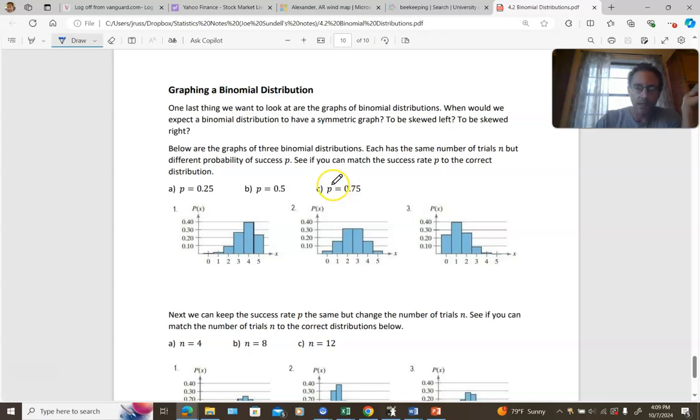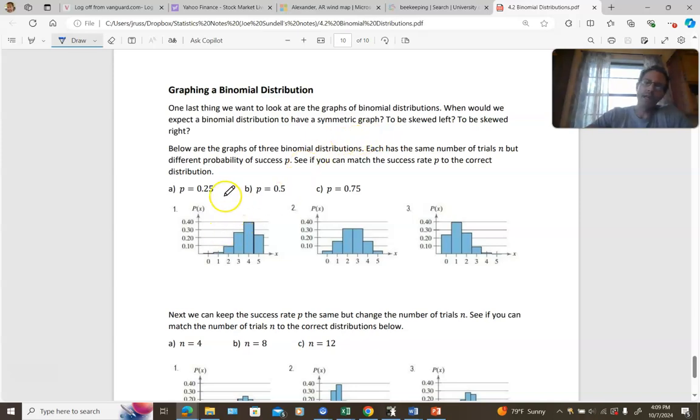And then if the value of a success is high, then you're going to expect x to actually take on more of these. Well, I think I'm pointing at these backwards. You're going to expect x to take on more of these higher values instead of these lower values, okay?